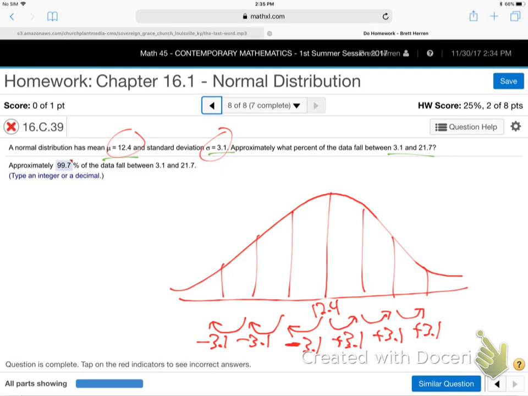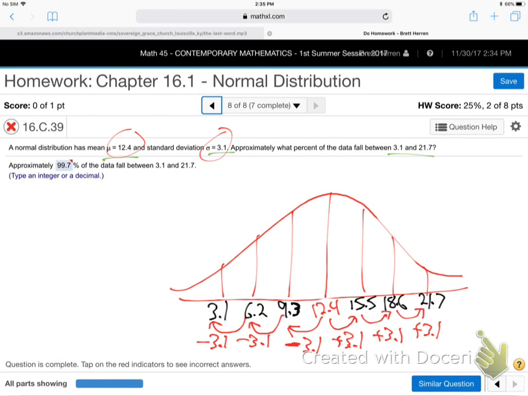So 12.4, add 3.1, what is that? 15.5, add 3.1, is that 18.6, add 3.1, 21.7. Good to there? See what I'm doing? I'm just adding 3.1, add 3.1, add 3.1. And the other direction, just subtract. Is that going to be 9.3 and 6.2 and 3.1?